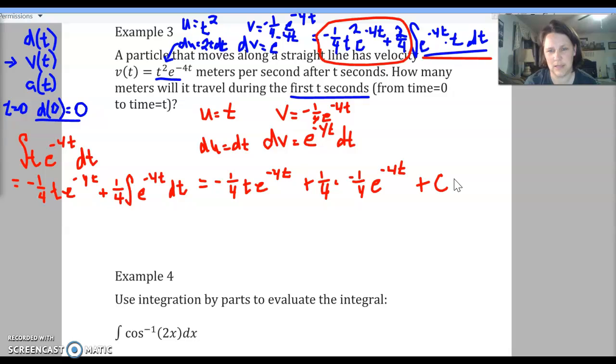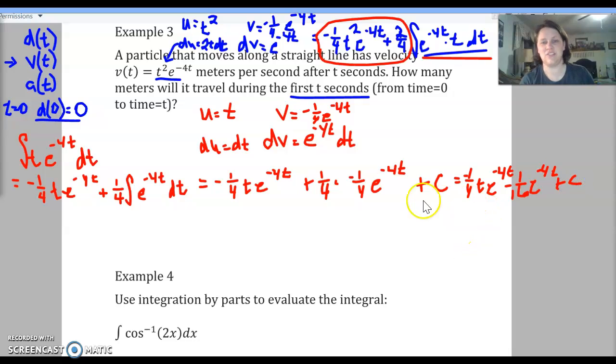Let me write that one more time. Negative 1/4 t e to the negative 4t minus 1/16 e to the negative 4t plus c.